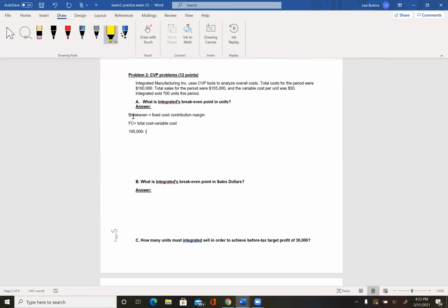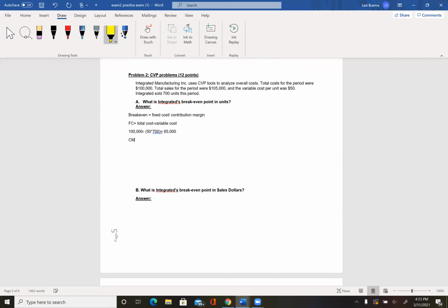It doesn't give you the full variable cost, only the variable cost per unit, so you take the 50 and multiply it by the units sold. So 50 times 700, and 100,000 minus that gives you 65,000. That is your fixed costs.